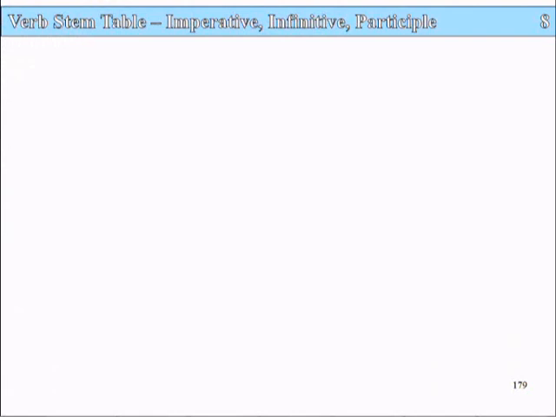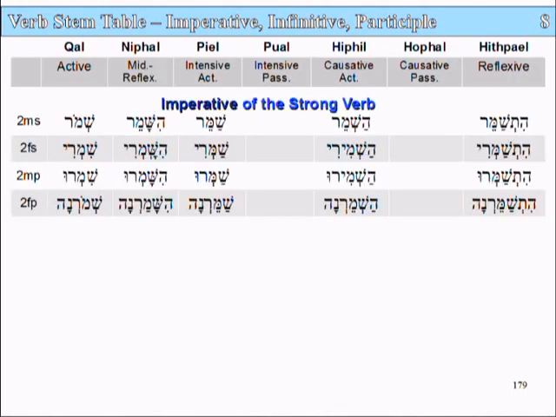Slide 179, Lesson 8, Verb Stem Table, Imperative, Infinitive, and Participle. So here are the verb stems, and here is the table for the imperative of the strong verb. And again, we had a look at imperatives in the second part of Lesson 7.